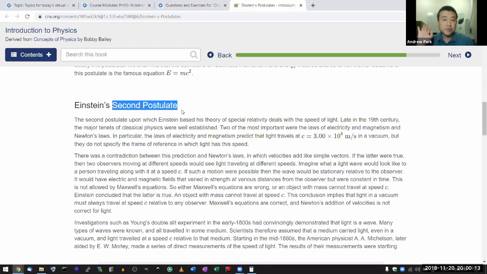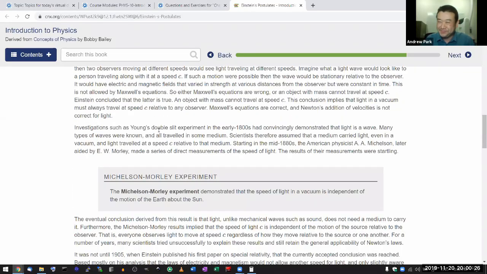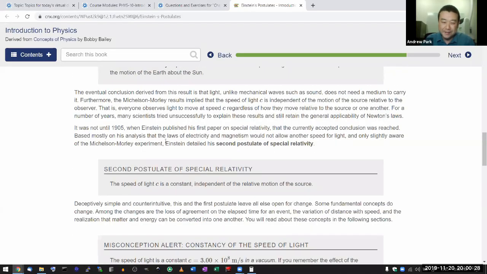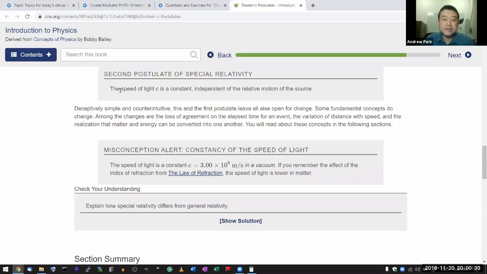And what I would ask you to believe is, well, rely on it being true, because it's been extensively tested experimentally, and people have verified over and over that it's true. And the second postulate is that the speed of light c, the speed of light in vacuum, is a constant, independent of the relative motion of the source.